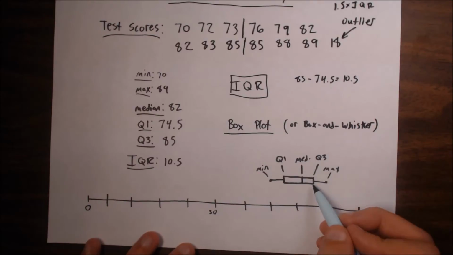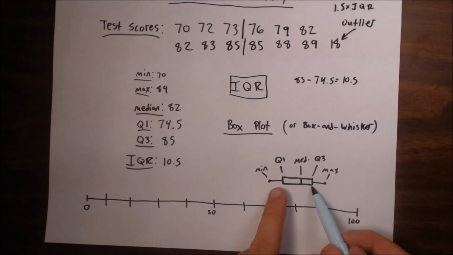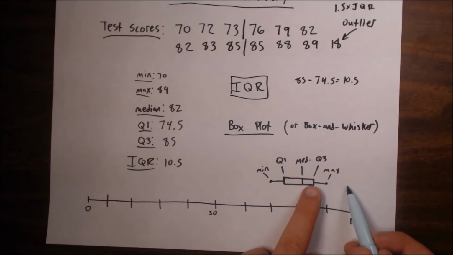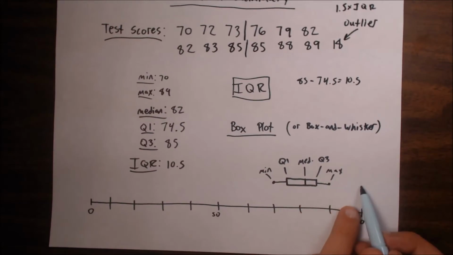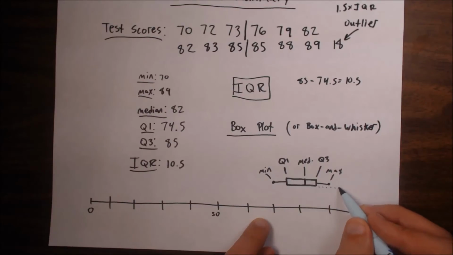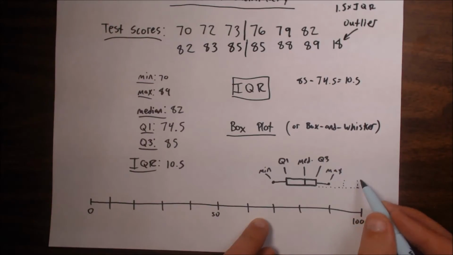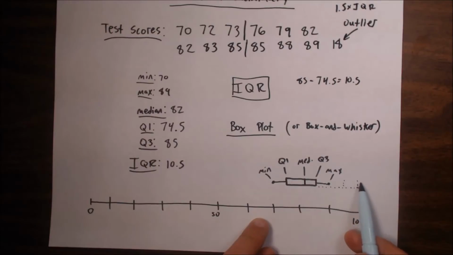So this is the interquartile range here. Okay, if I were to take the length of that box and go that distance over here, so maybe it's like this, that's one more interquartile range. And then I go another half, so it's probably out here somewhere. Anything beyond this point would be considered an outlier.